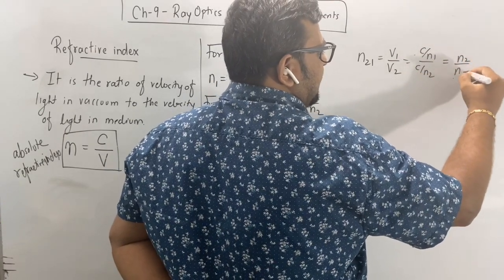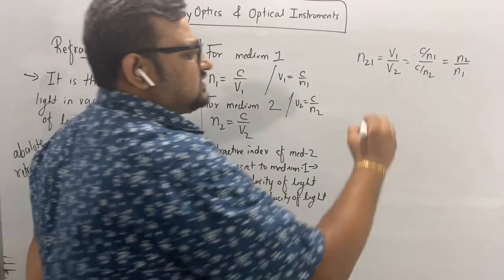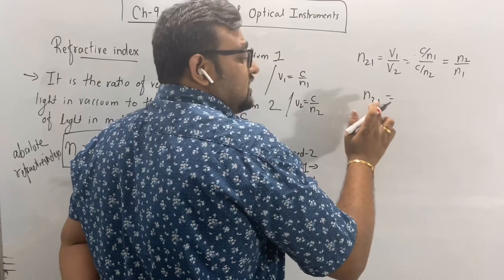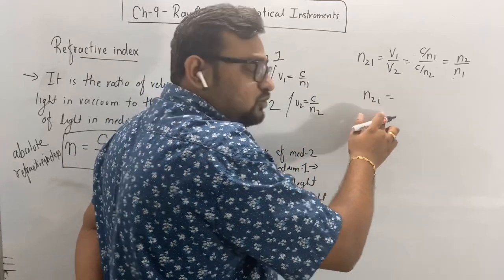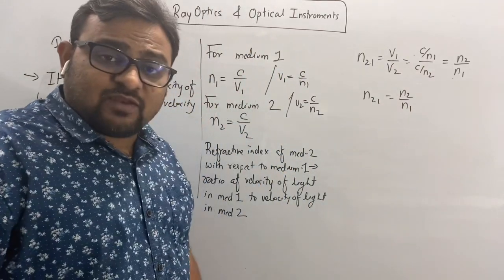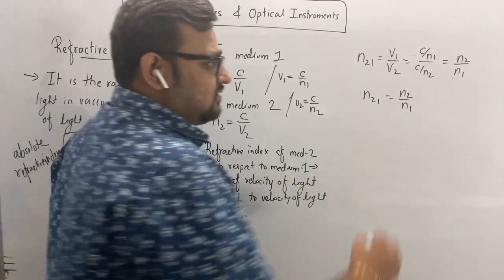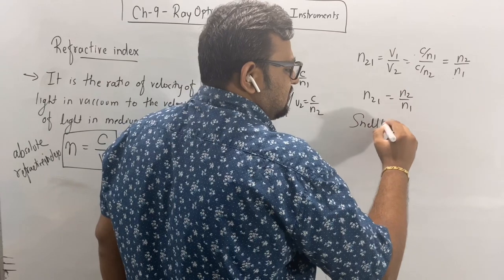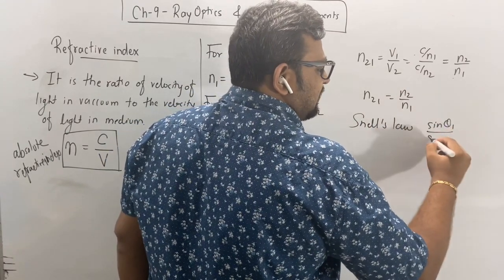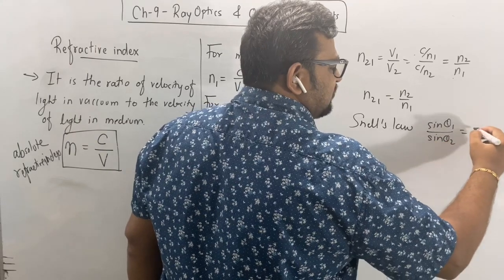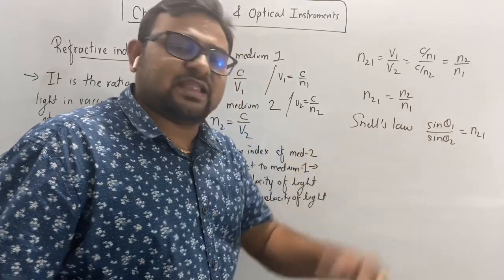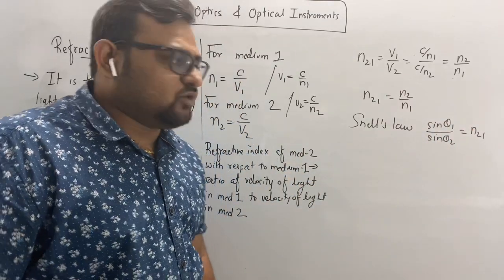So N21, refractive index of medium 2 with respect to medium 1, will be N2 by N1. And what was Snell's law? Sine theta 1 upon sine theta 2 is equal to N21, or sine i by sine r equal to N21.